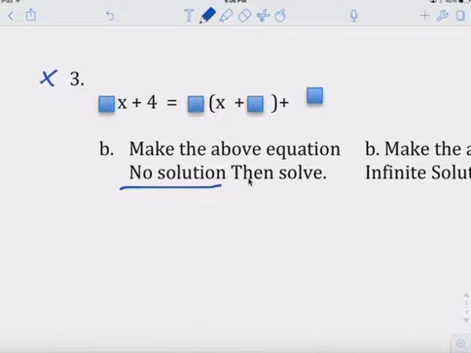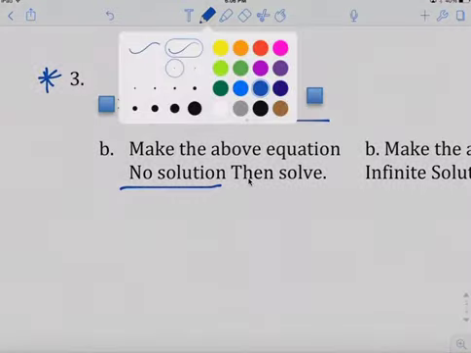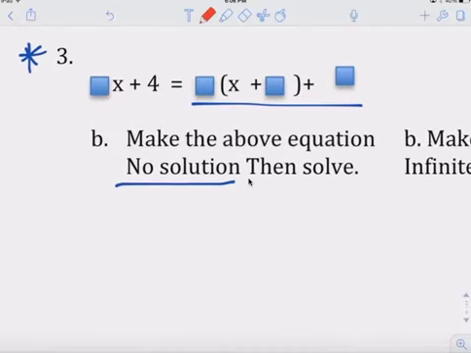This will be a quiz question on Monday. I will give you on the side where there's 3 boxes like this. And you're going to ask, how do you know it's no solution? How do I know it's going to be no solution? Because the coefficient, that is the number next to the variable, has to be the same.